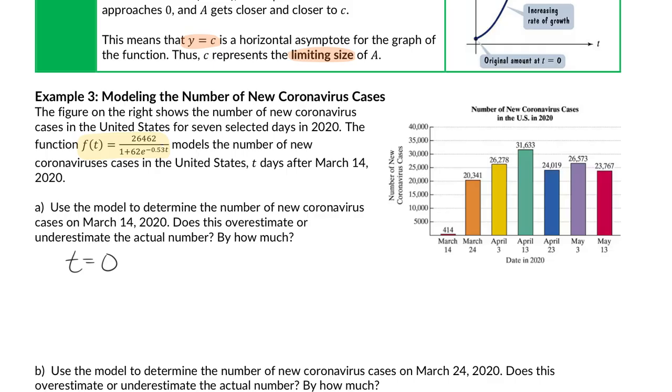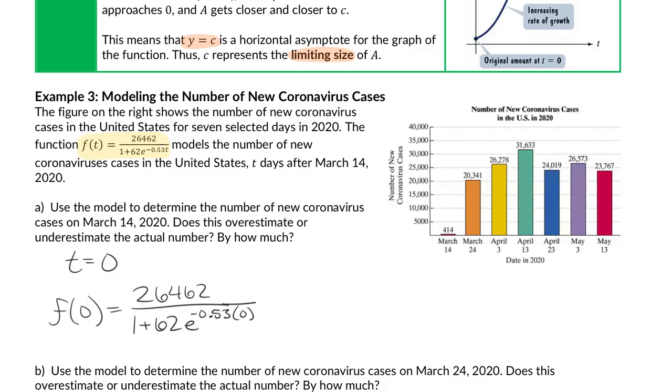So what we're going to do is we're going to take this function, f of 0. That means that all we're going to do is in our calculator, evaluate what this function would give me if I plugged in 0 for t. Now, I said this in my last class and not everybody trusted me.